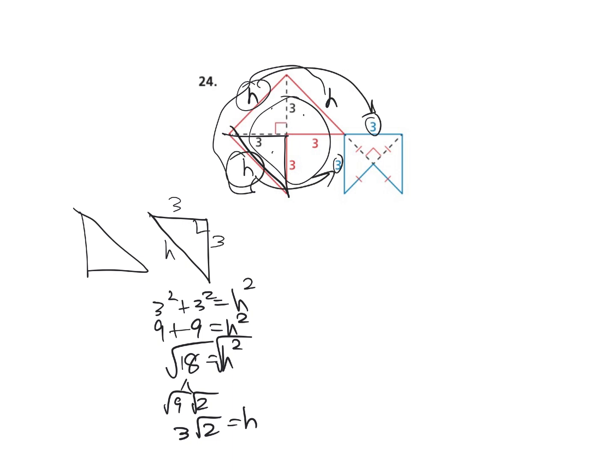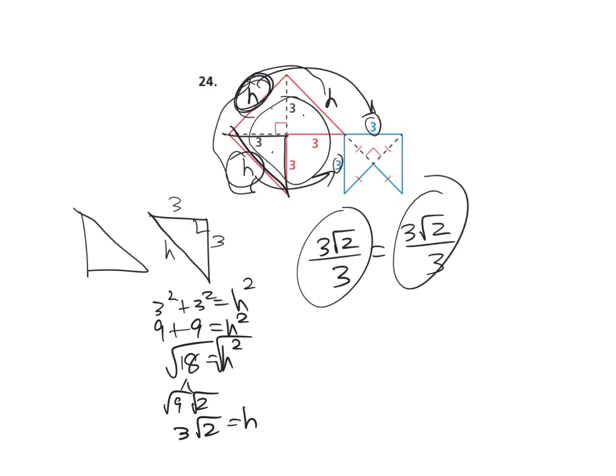That makes sense because you have 3 square root of 2 for your hypotenuse is to the same corresponding position, and that's the same as 3 square root of 2. The base up here is to the base of the blue one. So those are equal. All right, when you reduce those are the same. Well, they look the same here anyway.